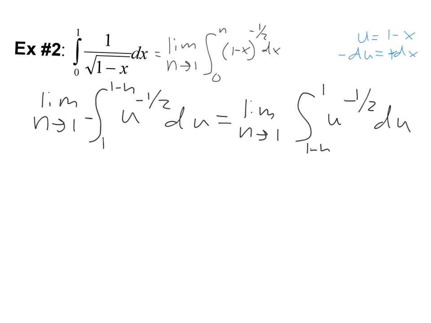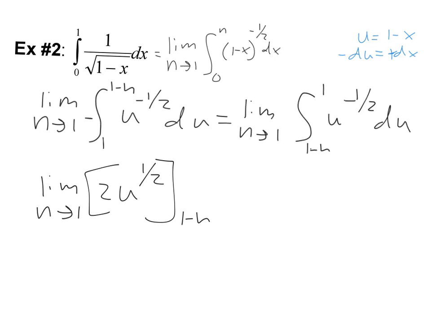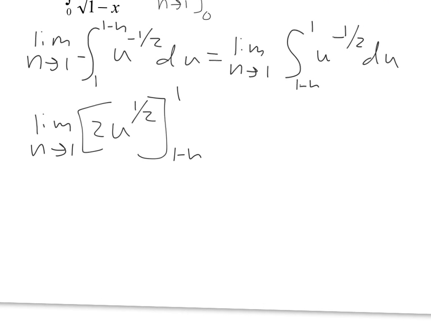So we add 1 to the power. Don't forget my limit notation. Add 1 to the power of negative 1/2, that brings us to a positive 1/2. Divide by the new power, which is the same thing as multiplying by 2. And then we're going to do that from 1 minus n to 1. Okay. So we can evaluate this a little bit better.